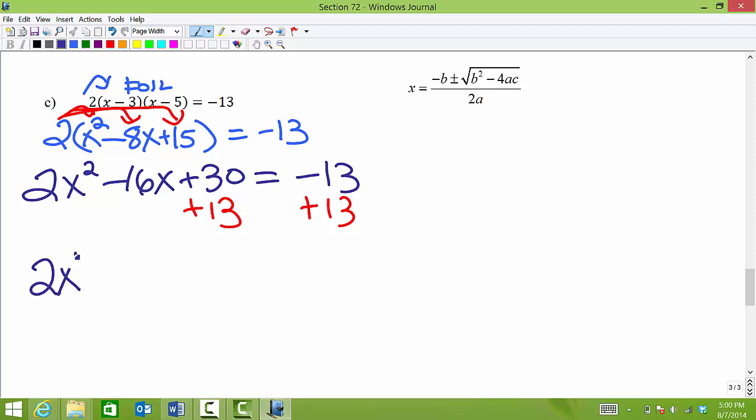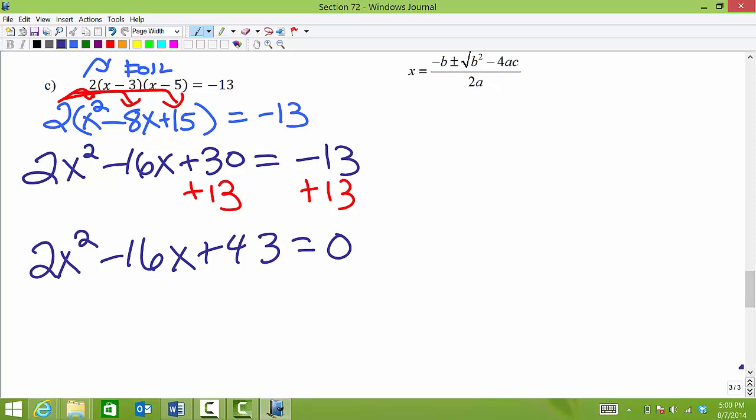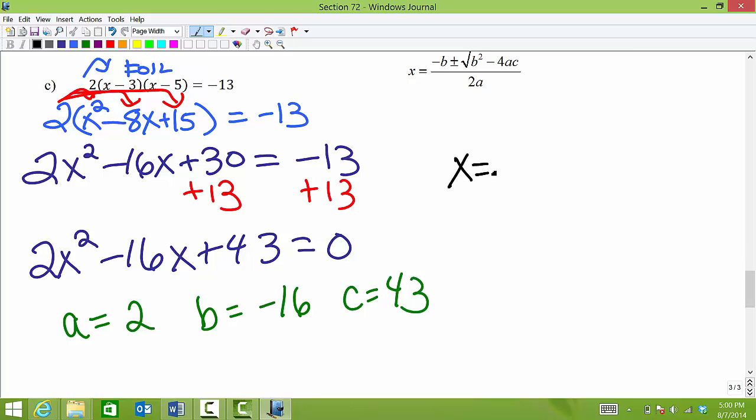So most of the work here is trying to get this into standard form. Once we have standard form, we will go and use our quadratic formula. We need to know first what is A, and what is B, and what is our C. And now we will plug these values into our quadratic formula.